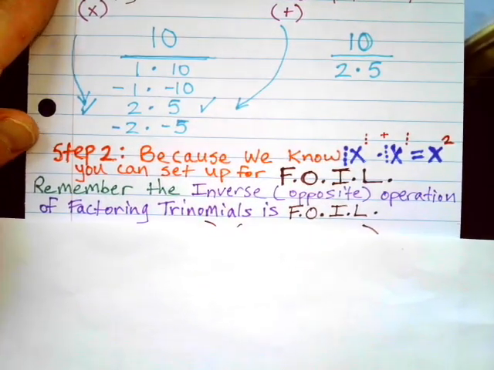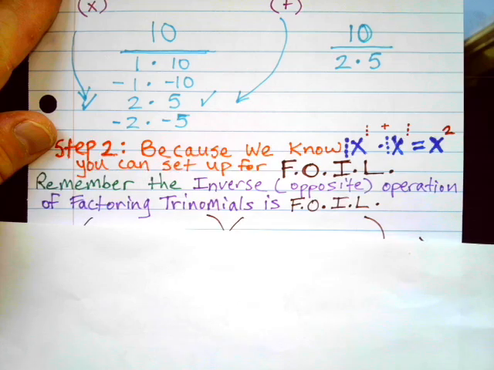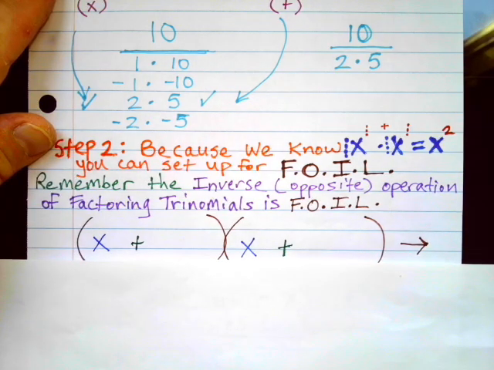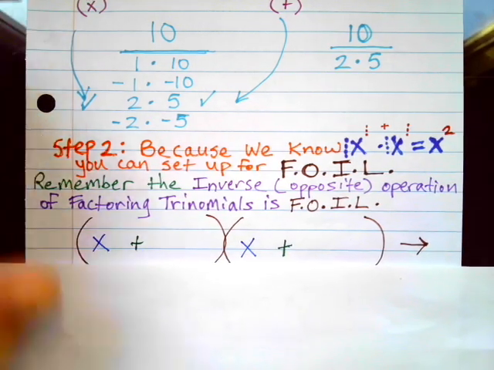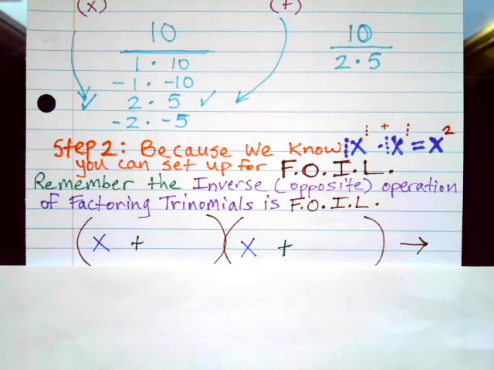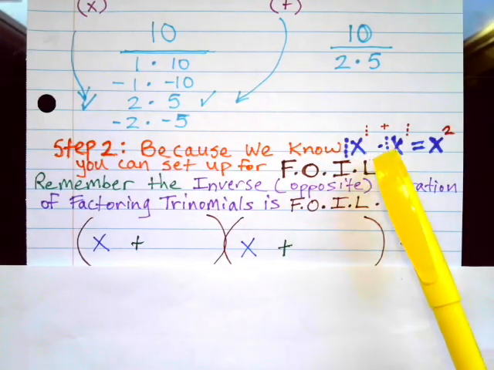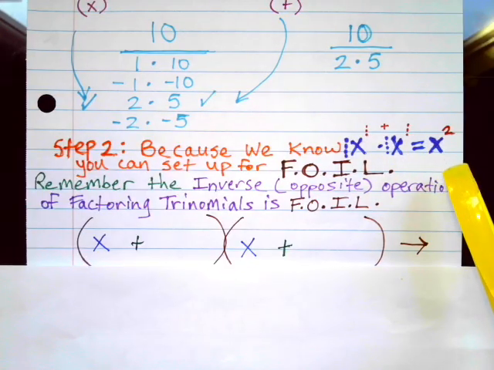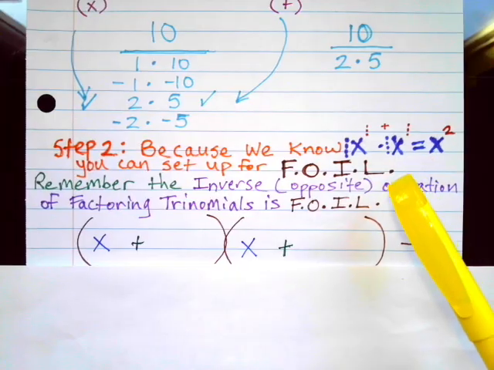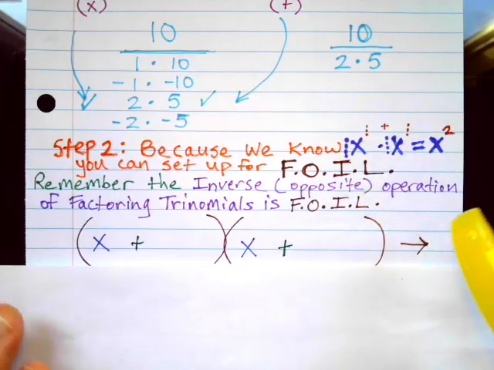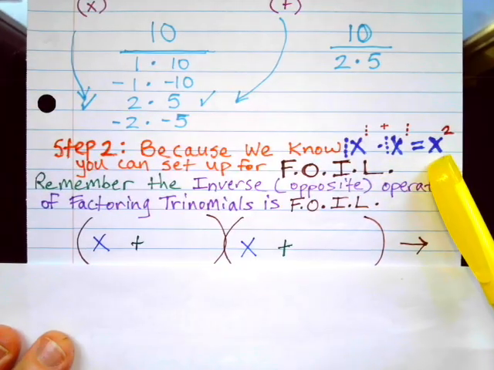Step 2, because we know we're going to set up a couple of x's inside our parentheses like I've shown you down here below. In step 2, we know that 1x to the first power times 1x to the first power equals x squared. And remember, our expression started with x squared.